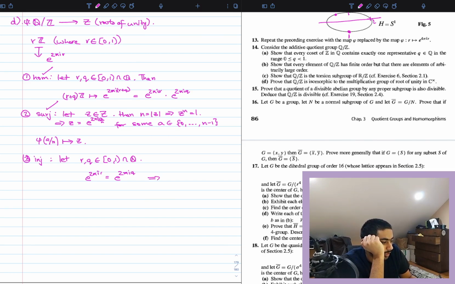Well, this means that 2 pi i r and 2 pi i q are some multiple of 2 pi i apart. That's the only way these two angles make the same point, if they're a full circle apart.